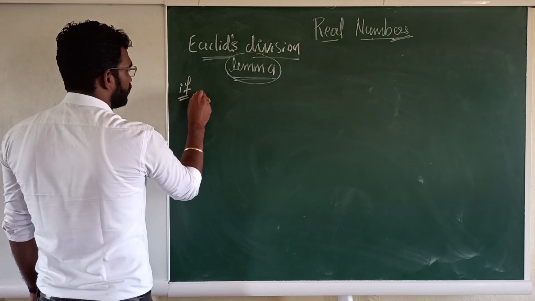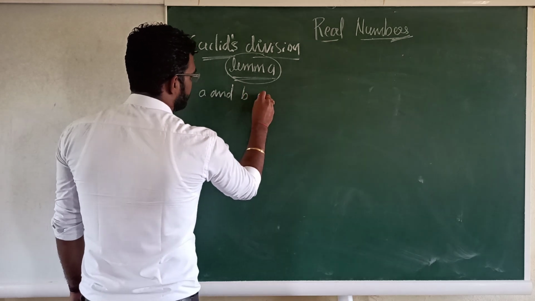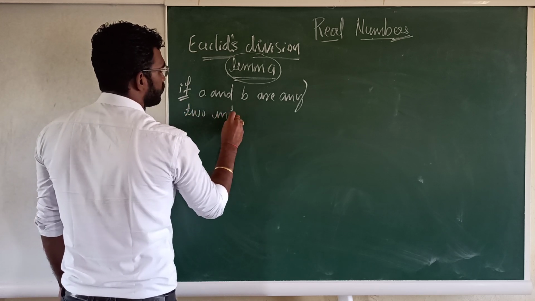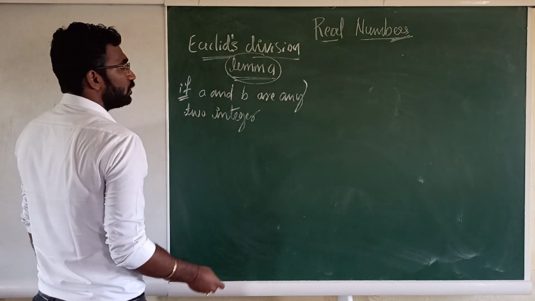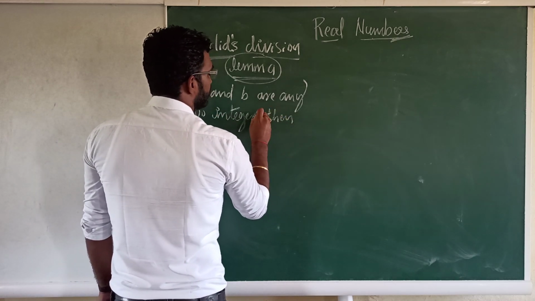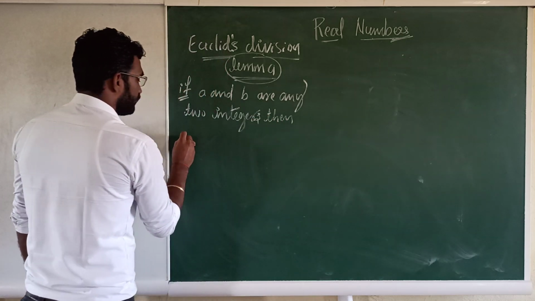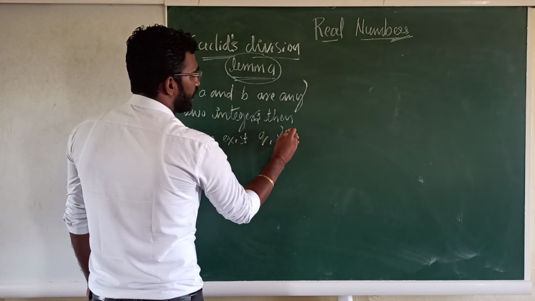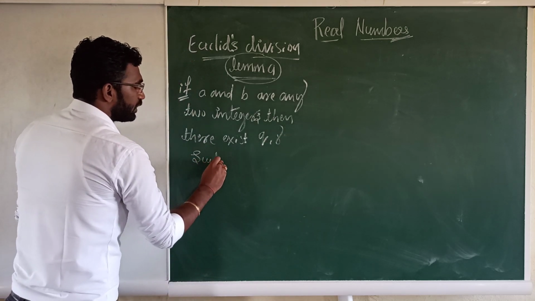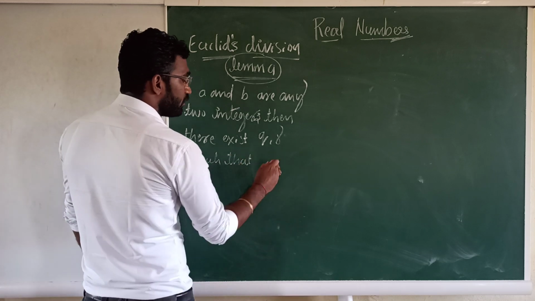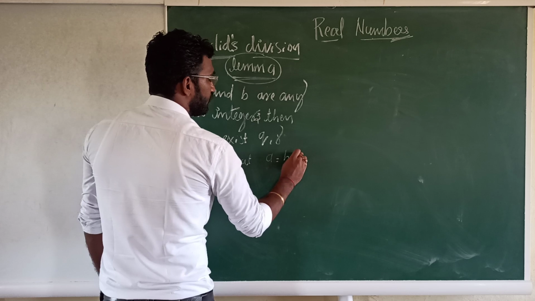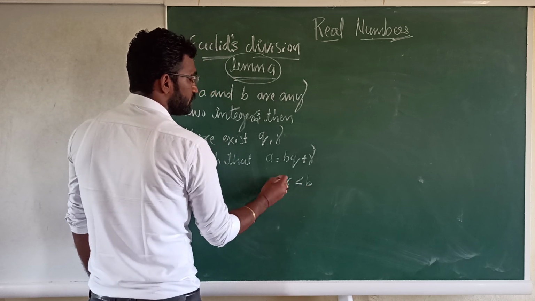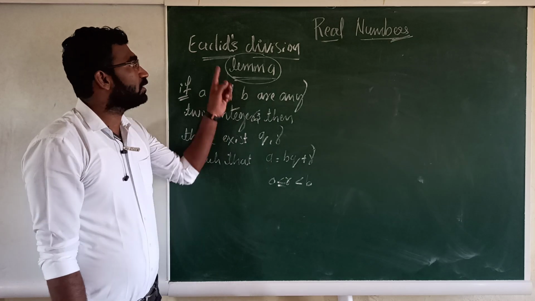If a and b are any two integers, then there exist q and r such that you can write a is equal to bq plus r, where r must be less than b and greater than or equal to what? 0. So this is the exact statement of Euclid's division lemma.